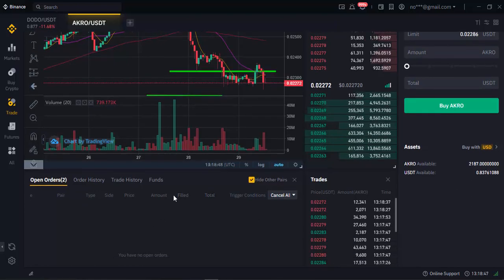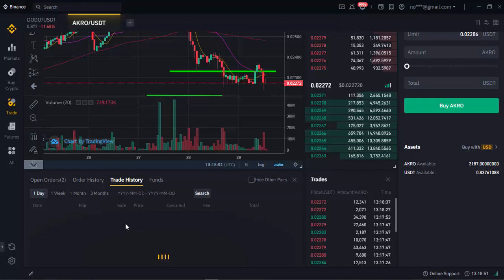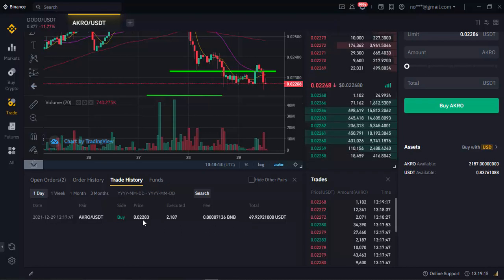If you go to the trade history, we will see it here right away. This is it. That's it. The ACRO USDT buy, and it's now executed at this price. Okay, this is the fee in BNB, and this is the total USDT. So look at the price it executed.